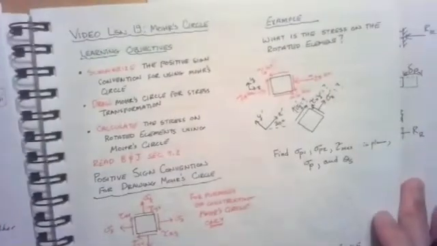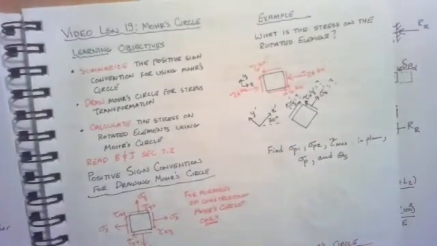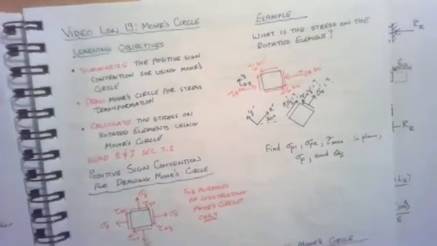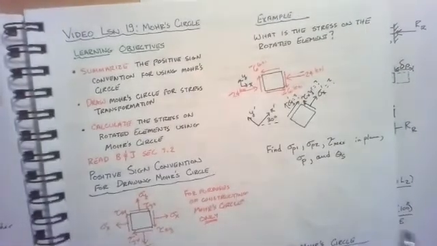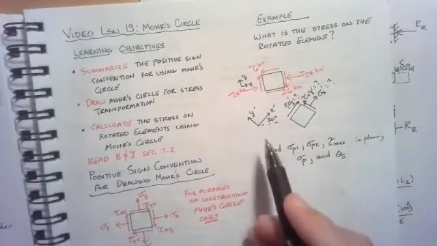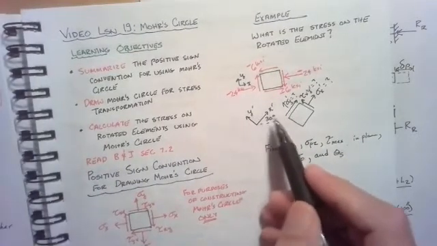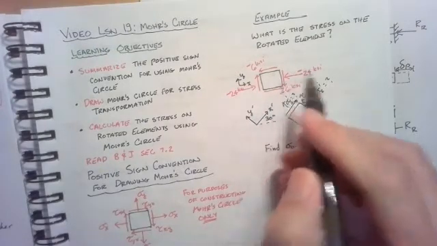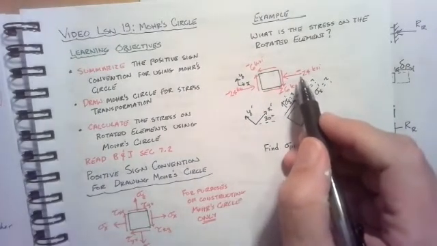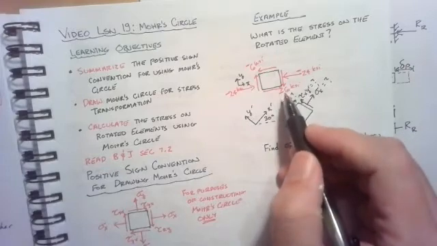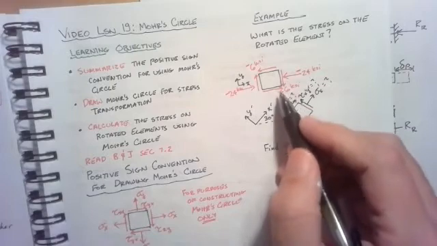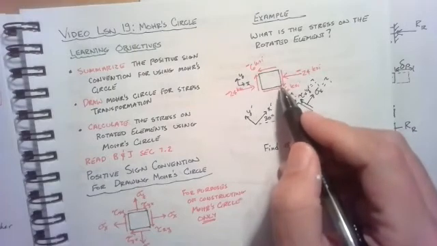So for our example, we want to figure out, first of all, what the stresses are on the rotated element shown here, where the angle of rotation is 30 degrees counterclockwise. And I've got original stresses of negative 24 ksi for sigma x, negative 6 ksi for tau xy. Why a negative 6?